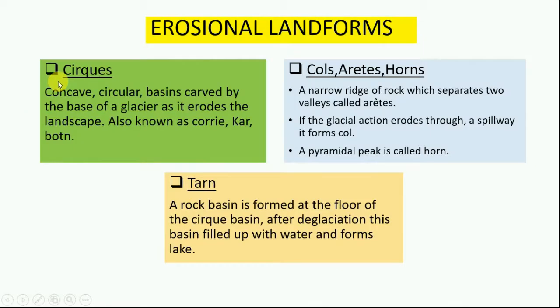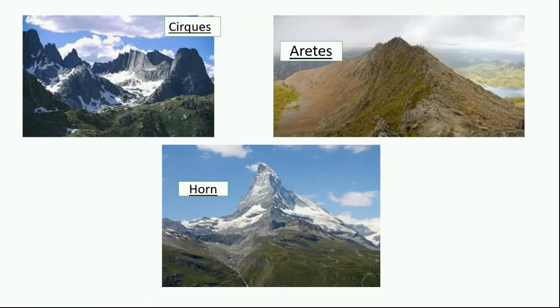Now let's talk about cols, aretes and horns. A narrow ridge of rock which separates two valleys is called an arete. This is a ridge-like structure which separates two different leeward and steep slopes, called an arete.